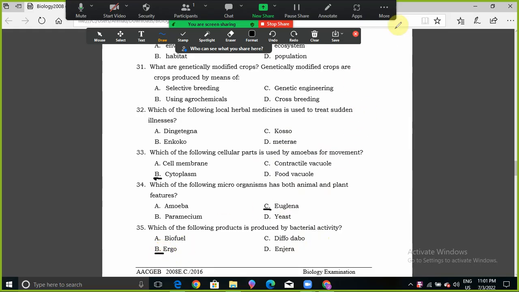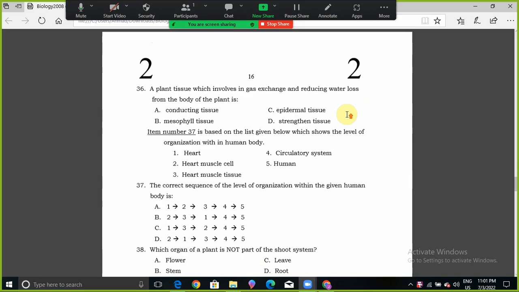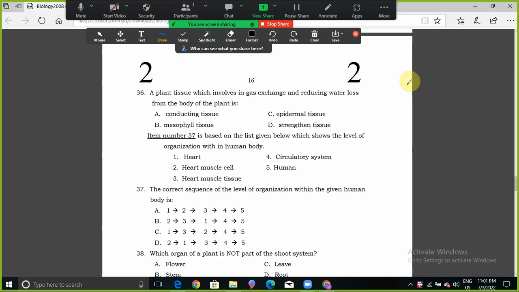Okay, now in question number 36, it says a plant tissue which is involved in gas exchange and reducing water loss from the body of the plant is what? First of all, it says conducting tissue, mesophyll tissue, epidermal tissue, or stringent tissue. The answer is mesophyll tissue because gas exchange and reducing water loss from the body of the plant is the function of mesophyll tissue. So the best answer for question number 36 is B.